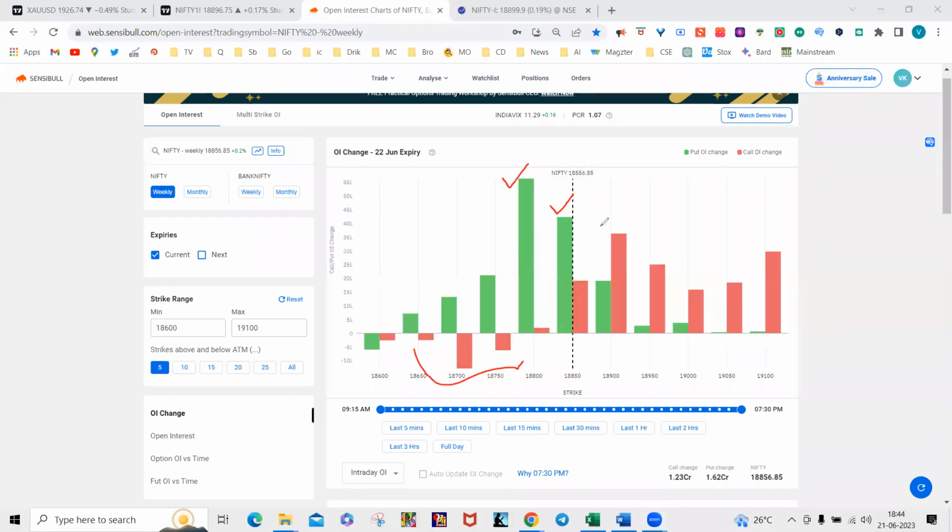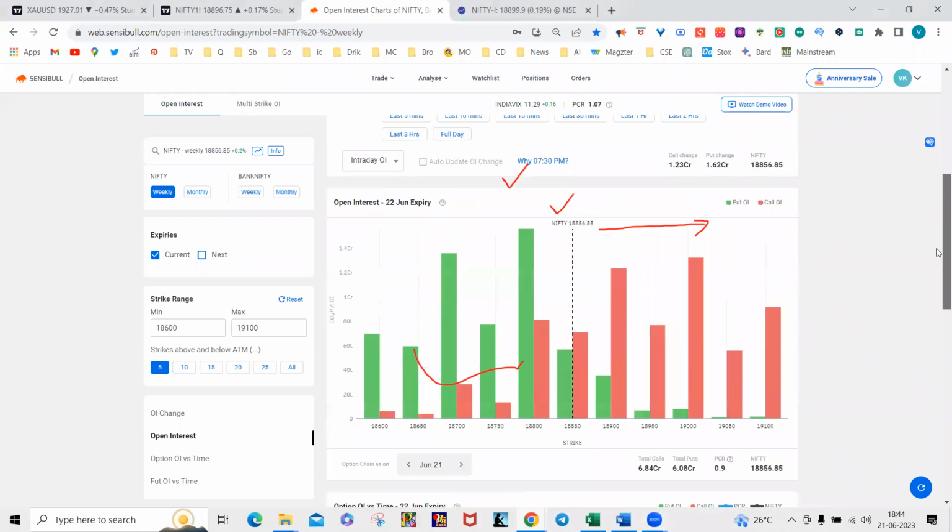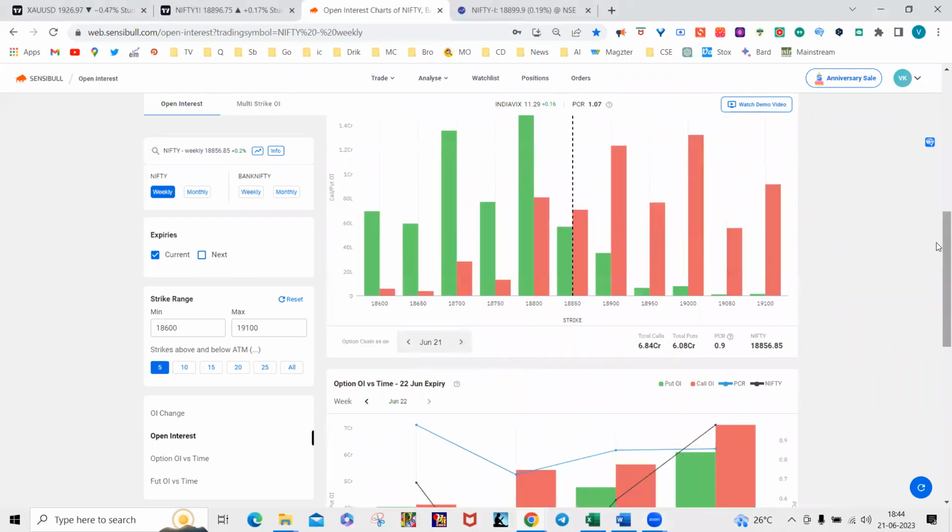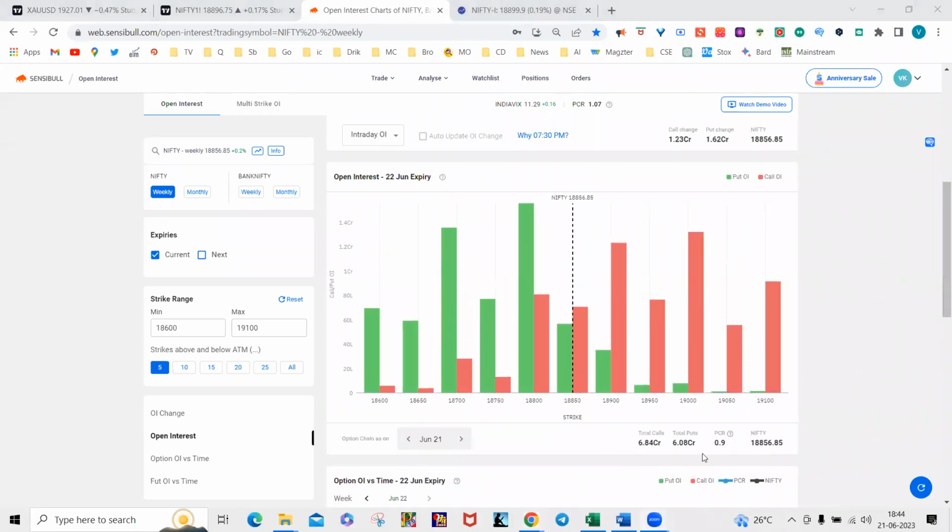These are very small. So if the price breaks through 18,900, I think it is easily heading towards 19,000 levels. And there are no significant call walls, at least in intraday price action and intraday OI buildup. And the overall PCR is also 0.9, which is on the bullish side.